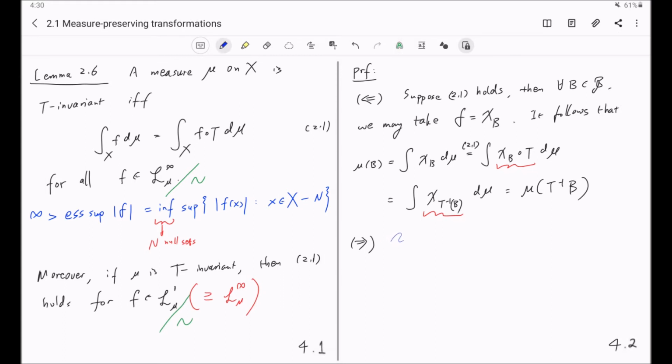Recall that in measure theory, there's a very famous method called the four-step argument, that in order to prove an equality like this, where a general function and the integration are involved, we will first start with the indicator functions, and then we will pass to simple functions, and then non-negative functions, and finally general functions. And we are going to use this strategy here.